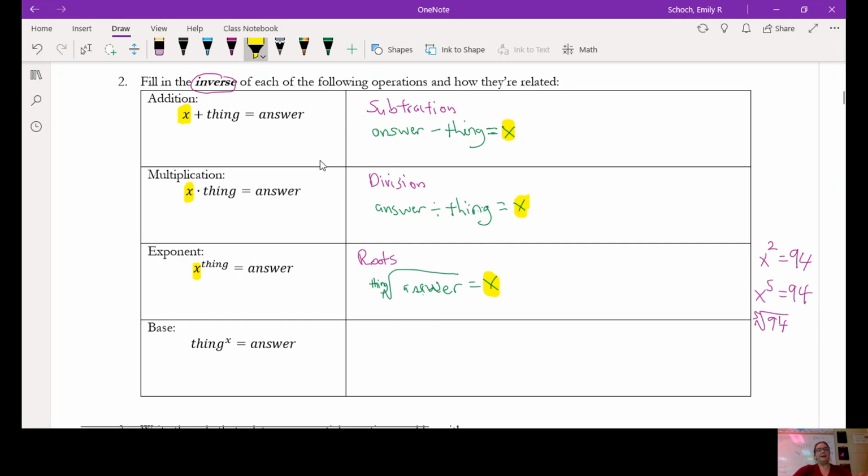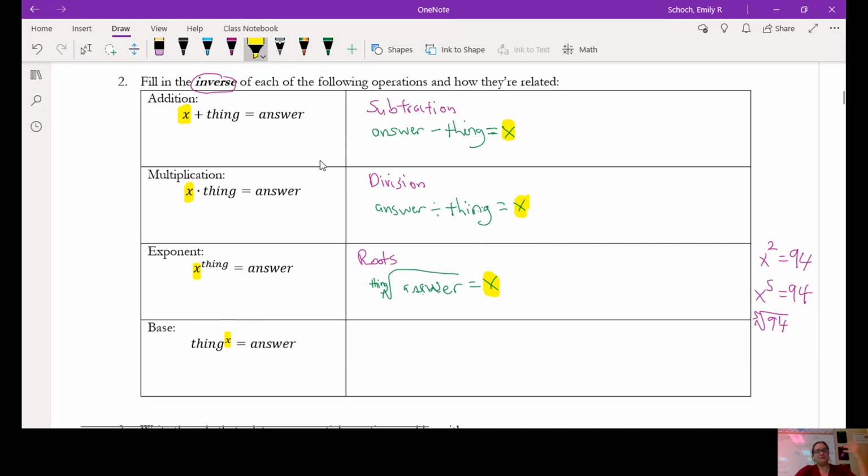So what we're going to look at now is a similar thing. Notice that now I am going to solve not for my base, but for the exponent itself.